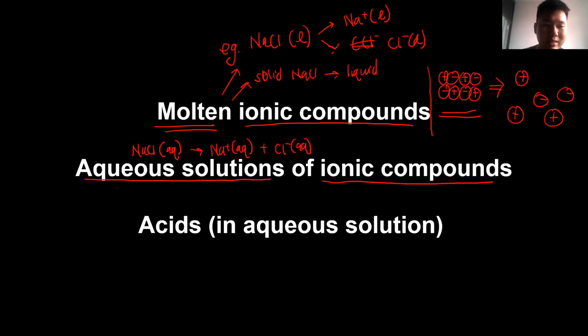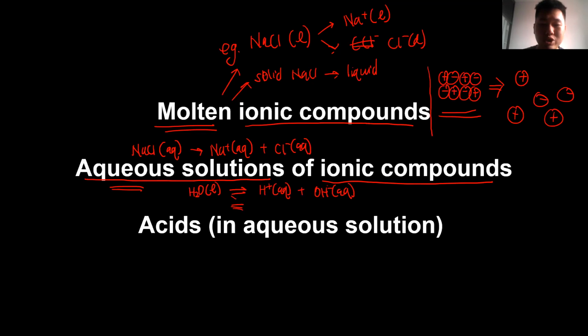Because it is an aqueous solution, it also contains water, and water dissociates in a very, very small amount. We use this reversible arrow because it does not dissociate completely. It dissociates in a very small amount to produce H+ and OH- ions.